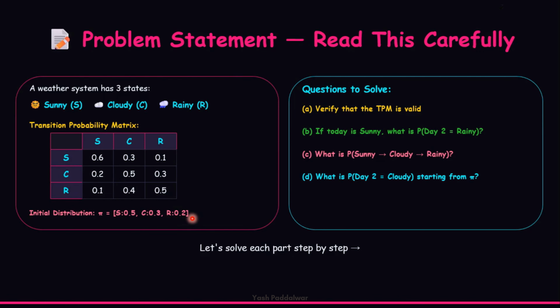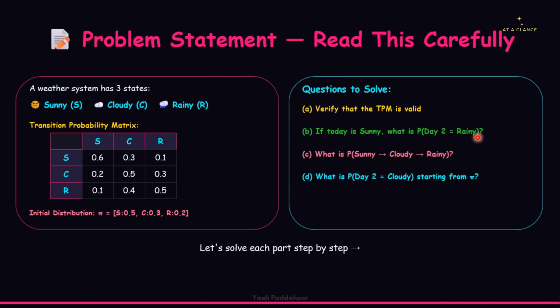Now what exactly do we need to solve? We are supposed to solve four things. The very first problem is to verify whether the TPM is valid. According to the rules that we have seen for TPM, we'll verify and validate it. The second thing is, if today is sunny, what is the probability of day 2 being rainy?